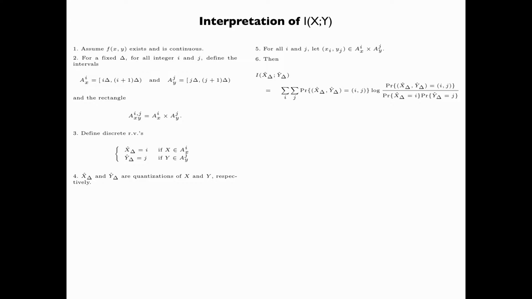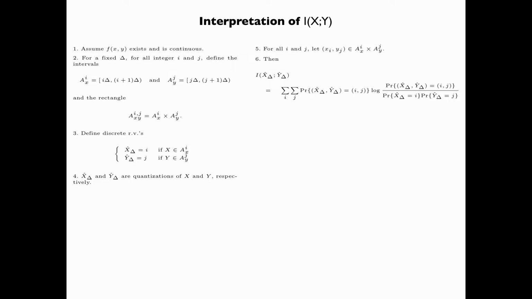This is equal to the summation over i and j of the probability that X hat delta and Y hat delta equal (i, j), times the log of that probability divided by the probability that X hat delta is equal to i, times the probability that Y hat delta is equal to j.